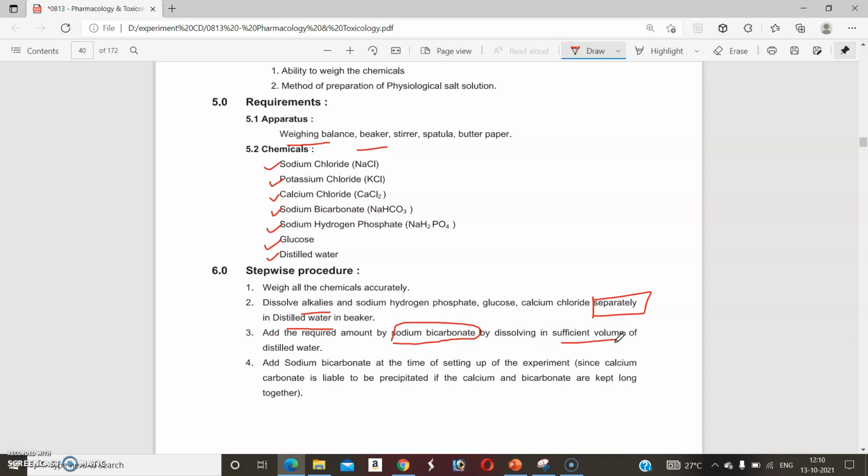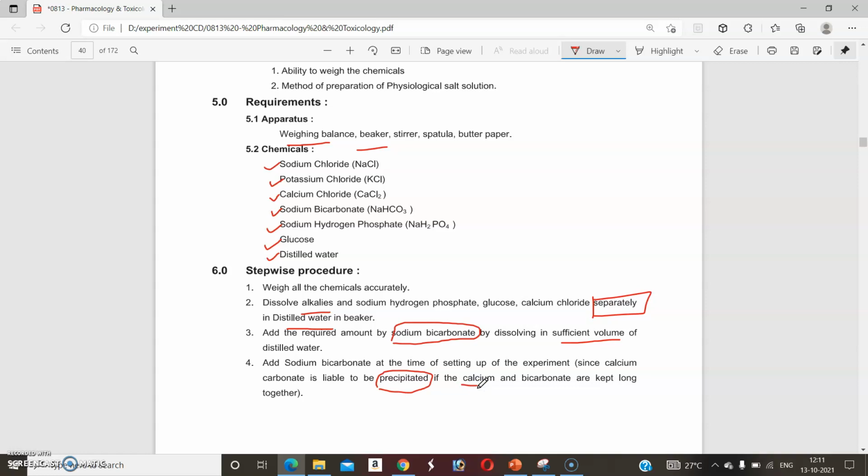But there is one question which is asked in the exam. Why are we not adding sodium bicarbonate and calcium chloride at the same time, before starting the experiment? Because sodium bicarbonate reacts with calcium chloride and forms a precipitate with the calcium.